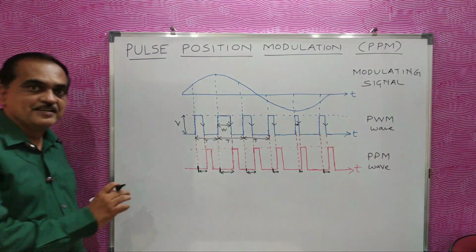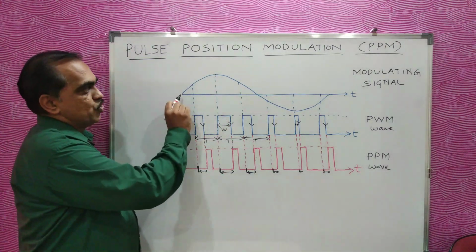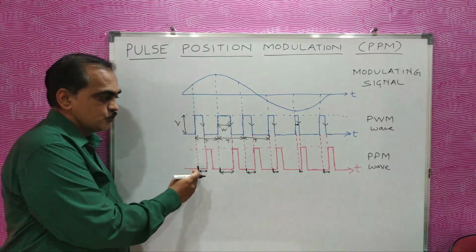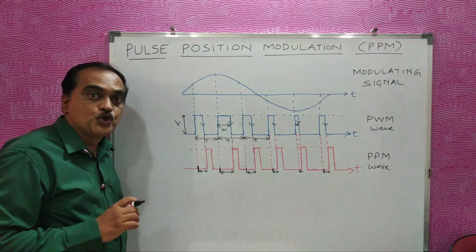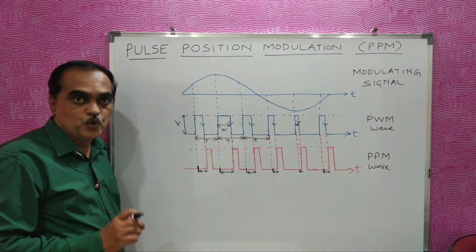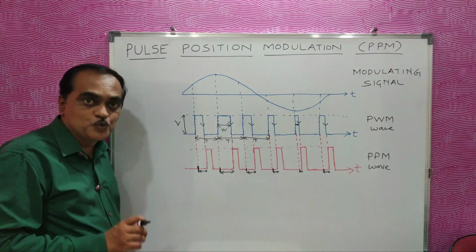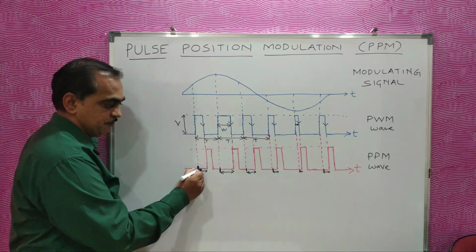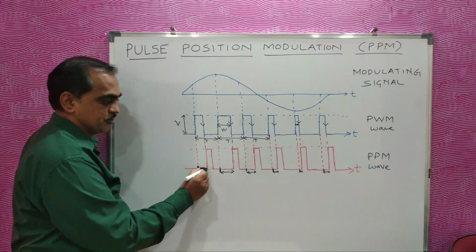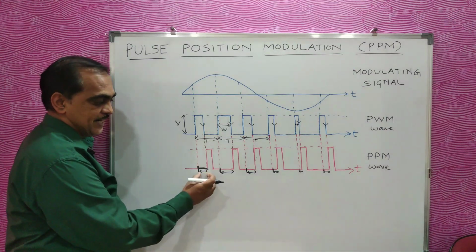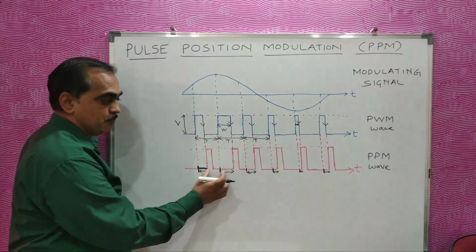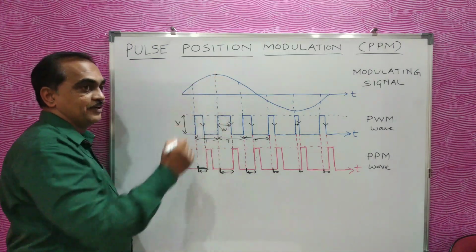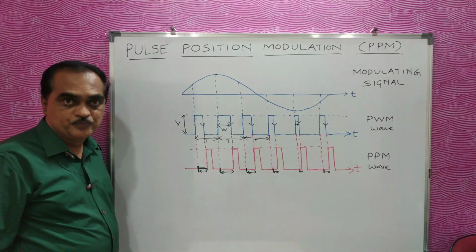So you can see here, as the modulating signal is going more positive, the pulse is going away from its original sampling time. Where it was supposed to arise, from there it is shifting to some point, so that the distance becomes more when the modulating signal is more positive.